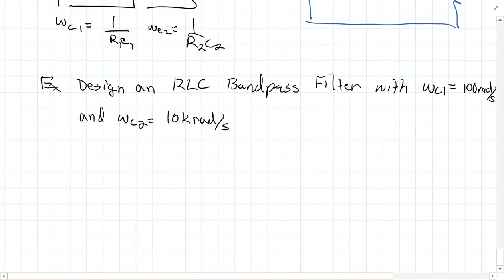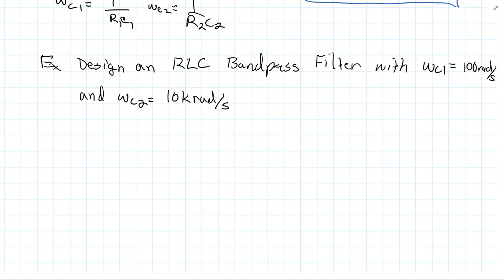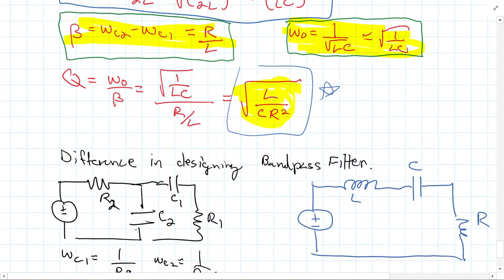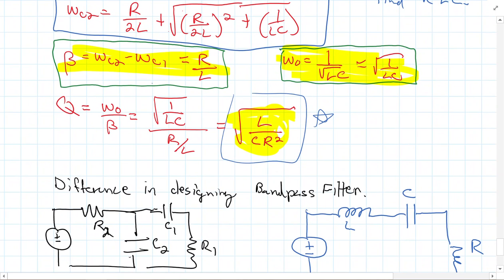Well, let's think about this for a second. We can compute the bandwidth, because that is simply 10,000 minus 100, which is 9,900 rads per second. So this needs to be equal to R over L, because going back up here, that's the equation for the bandwidth.